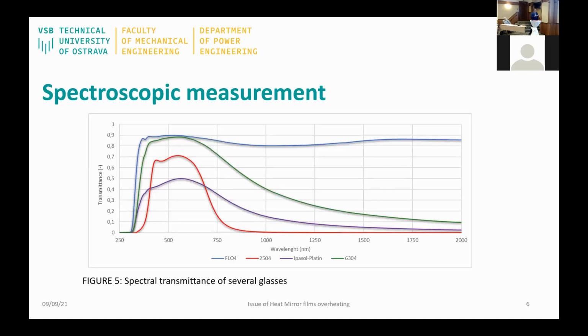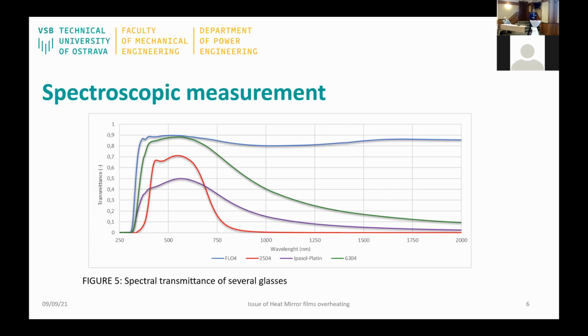It is also important to know optical properties of glasses, because they are also included in the glazing. For example, the blue line is a typical uncoated glass, with the highest transmittance in the visible range and in the near infrared range, compared to, for example, the red line.